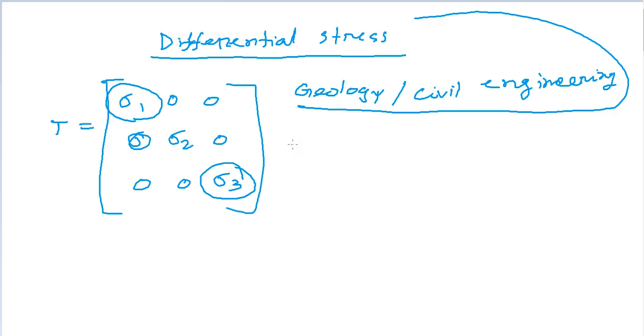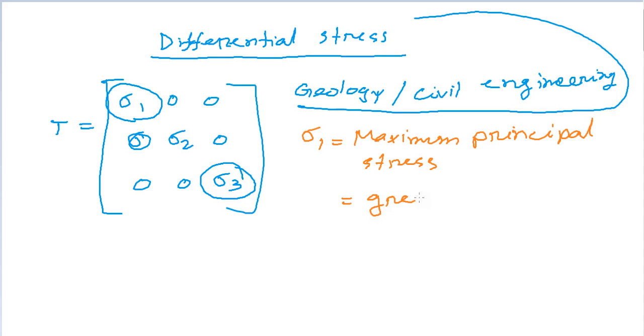So in geology and civil engineering, sigma 1 is the greatest compressive stress, that means the maximum principal stress, or the greatest compressive stress.